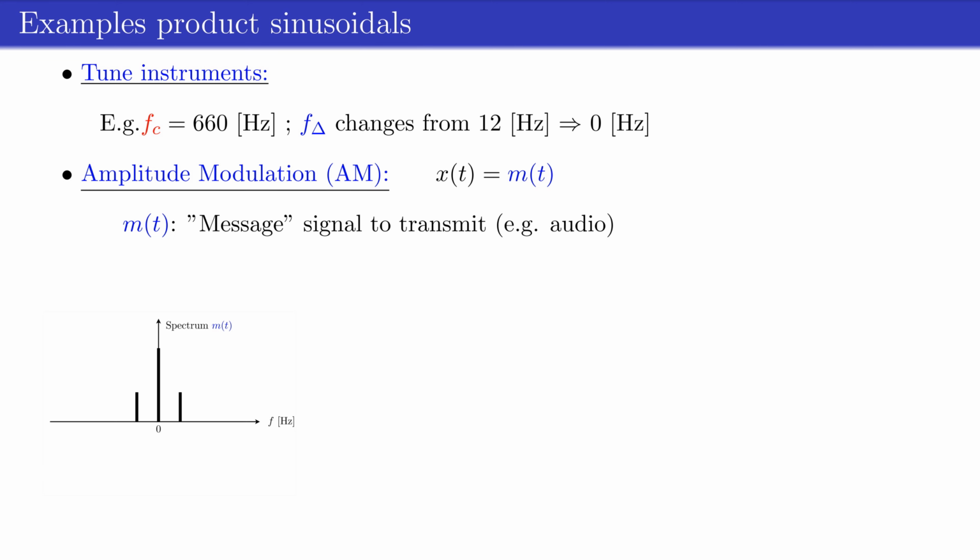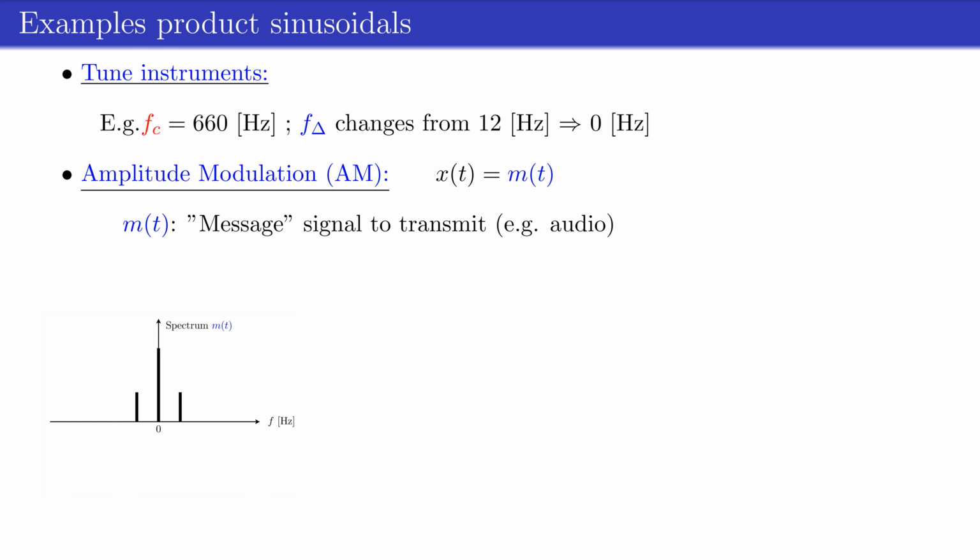Another application is amplitude modulation, abbreviated as AM. A message signal m(t) with relatively low frequencies cannot be transmitted over a long distance. The plot shows the spectral content of a signal which consists of DC and one low frequency.